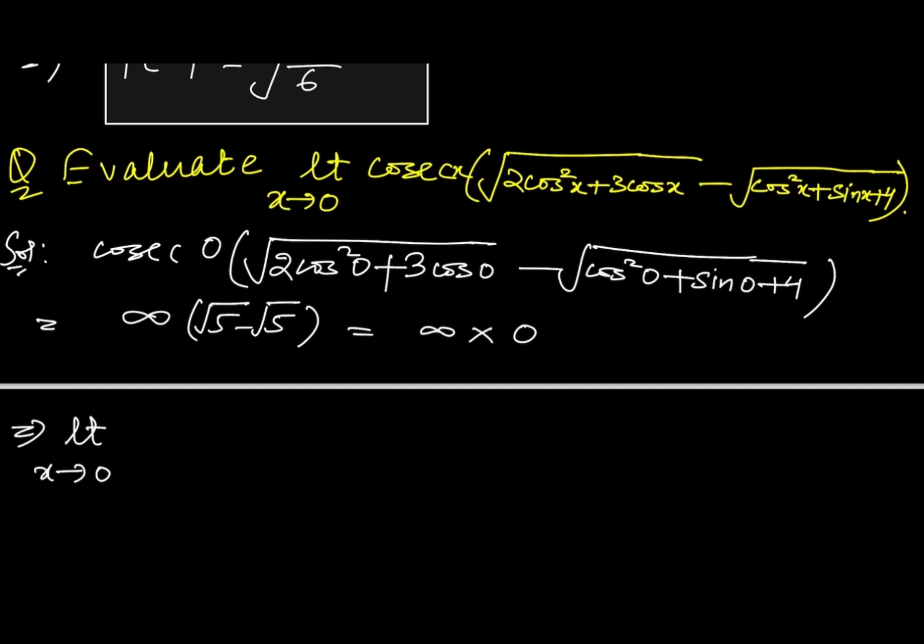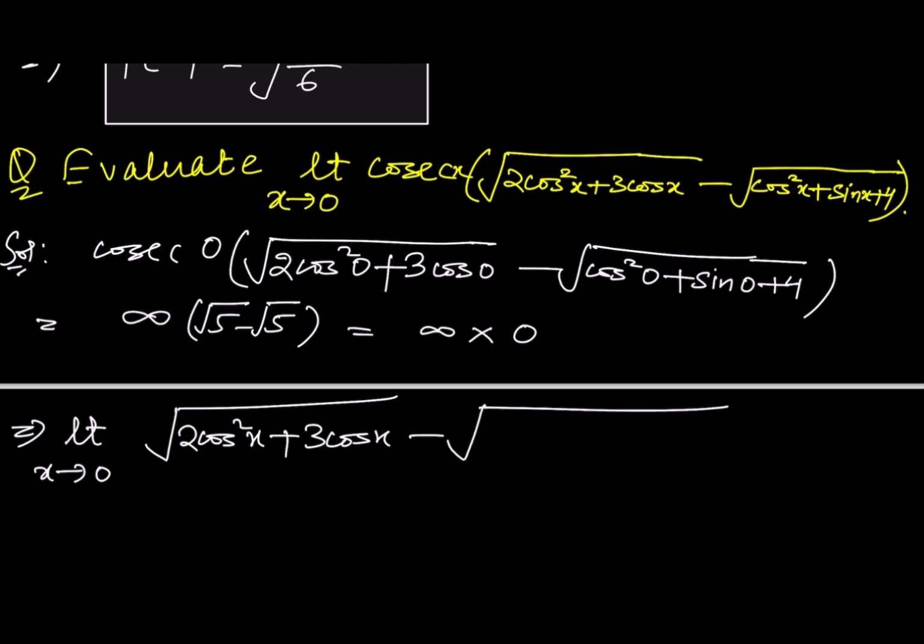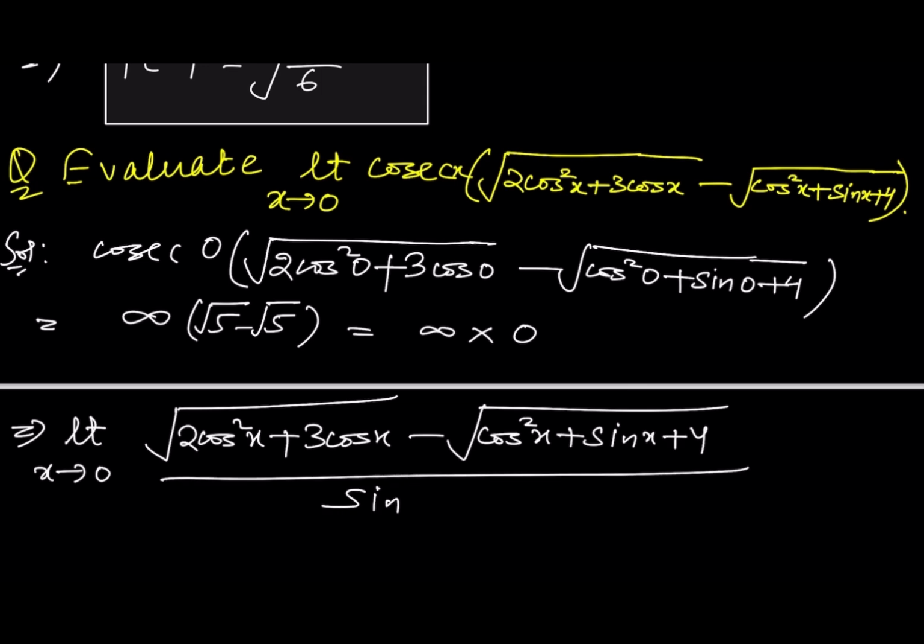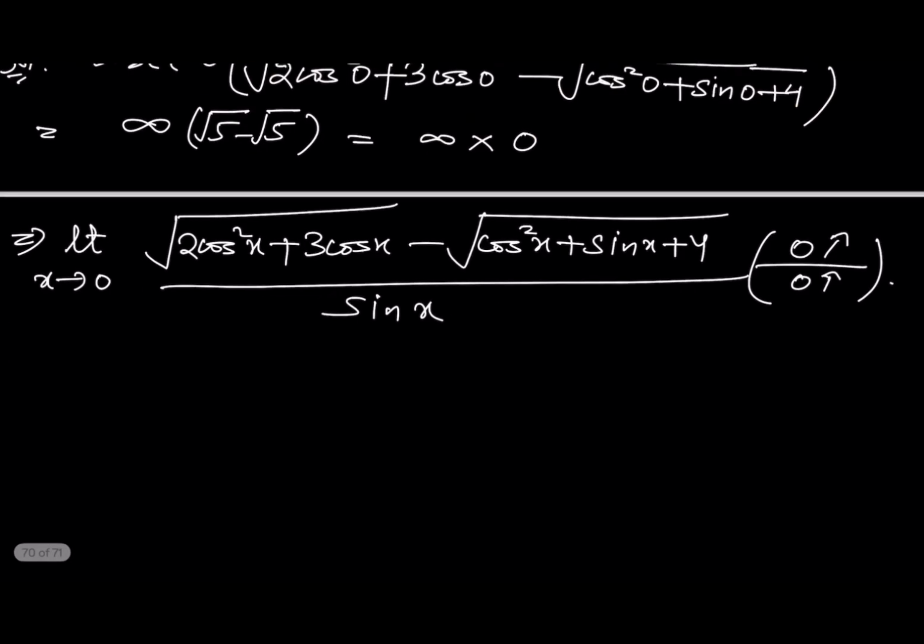So the expression will change into root over 2 cos square x plus 3 cos x minus root over cos square x plus sin x plus 4, by sin x. Now this is the form of 0 by 0, right? Now if the form is 0 by 0, then I can use L'Hopital's rule.